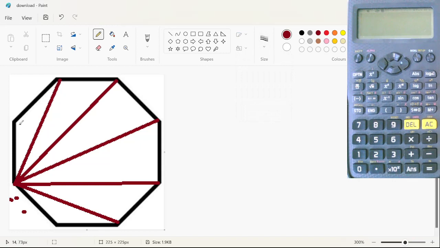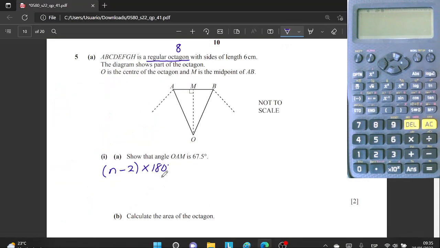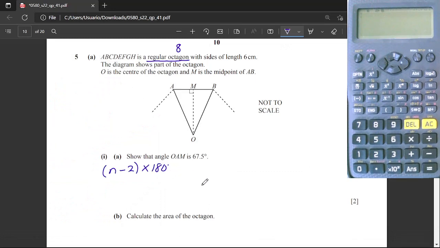Yes, and each triangle is 180 degrees. 6 triangles, exactly 2 triangles less than the number of sides. That's why the formula is number of sides minus 2 times 180, which is 6 times 180. All the angles in a regular octagon add up to 1080 because all 8 sides are the same size.